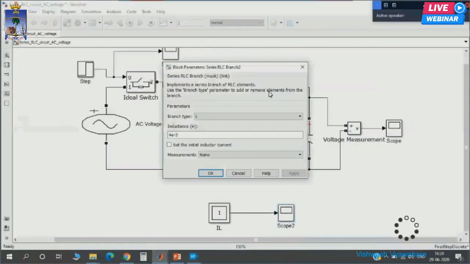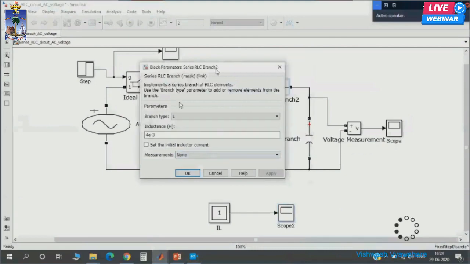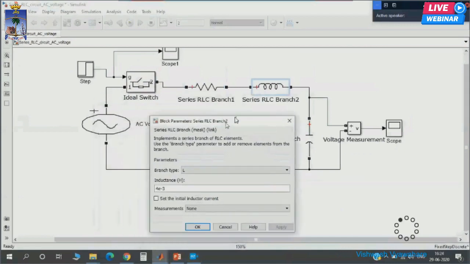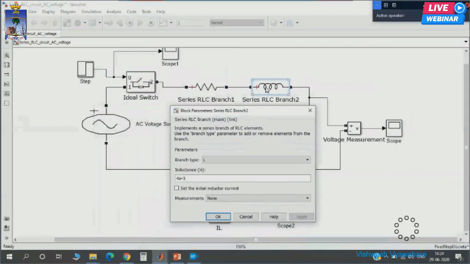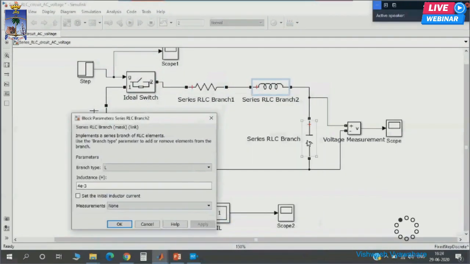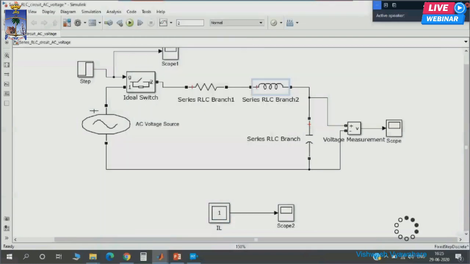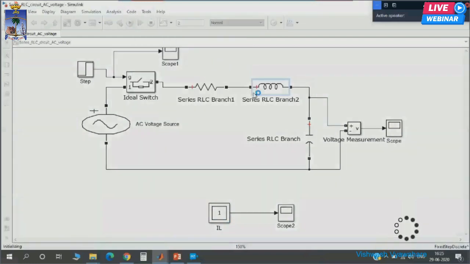Okay, you can also give the initial current. So what if your inductor is initially energized, or what if your capacitor has some initial voltage V0? So you can have current. You can keep here some initial inductor current as 0.2 amperes. Okay, like this, and then you can run.